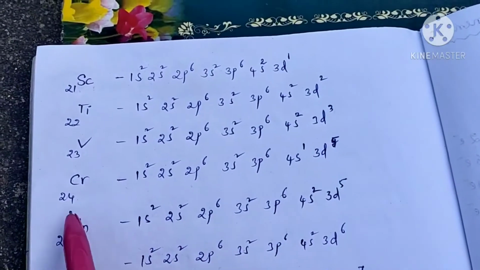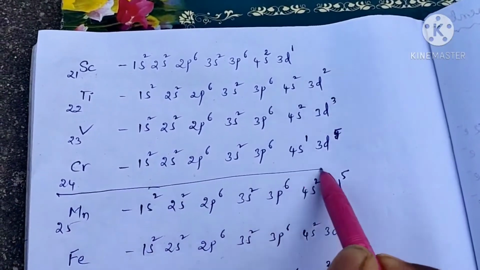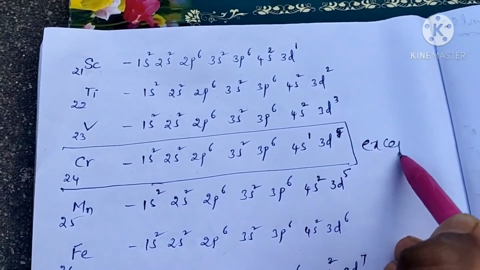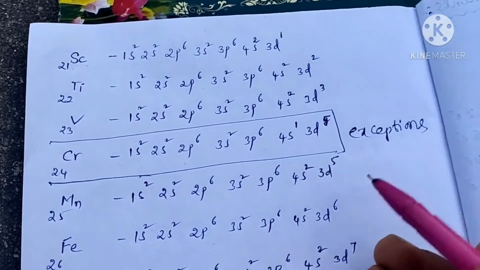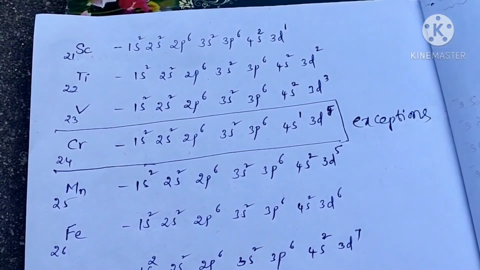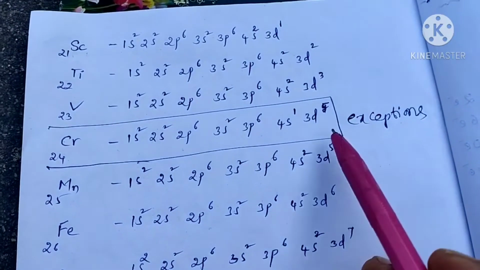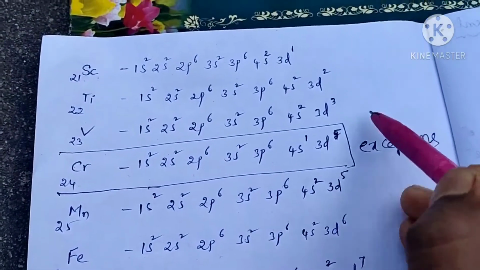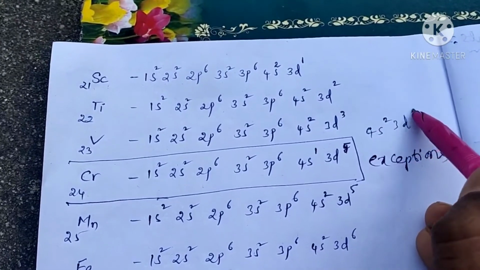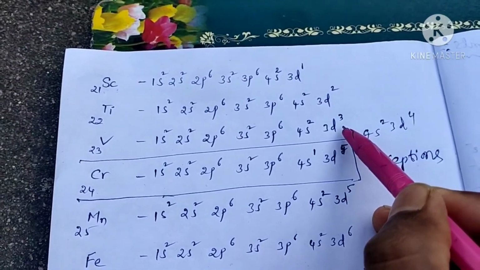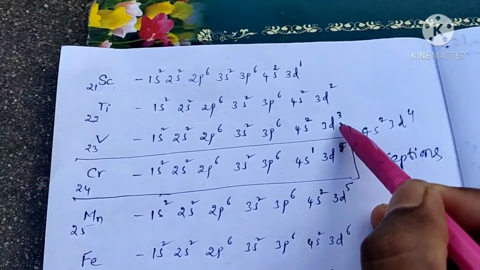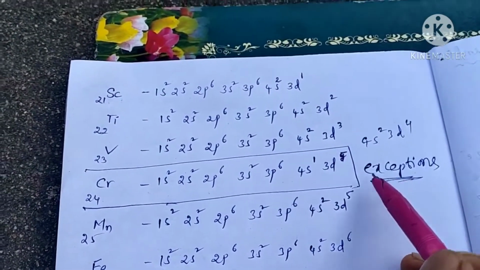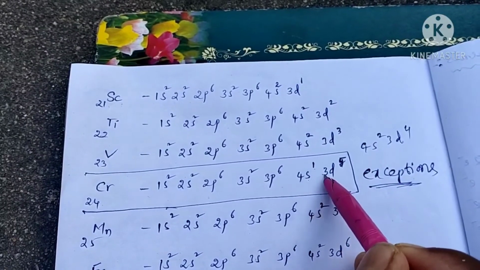But here for chromium we have some exceptions. Understand? For chromium we have some exceptions. That is why the configuration becomes 4s1 3d5. The configuration as per the formula would be 4s2 3d4, right? But due to the exception, we have 4s1 3d5.